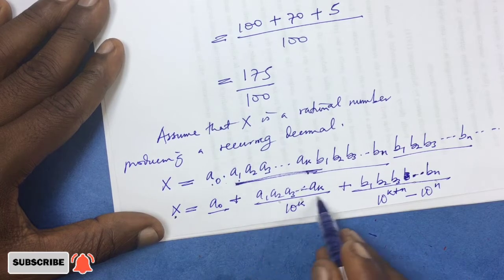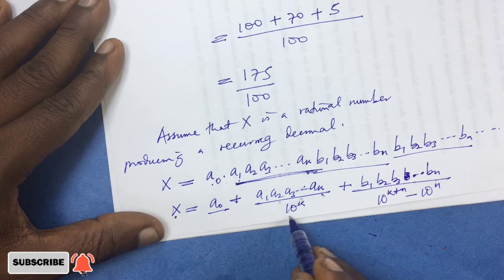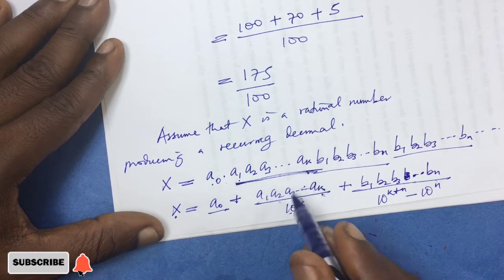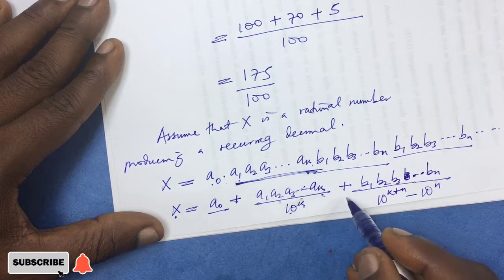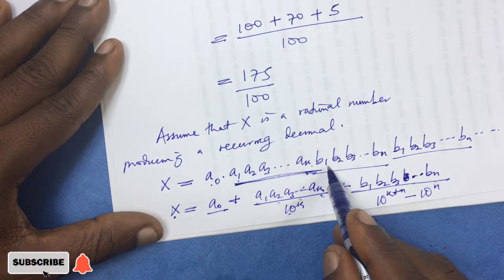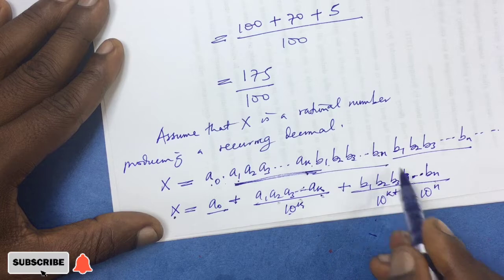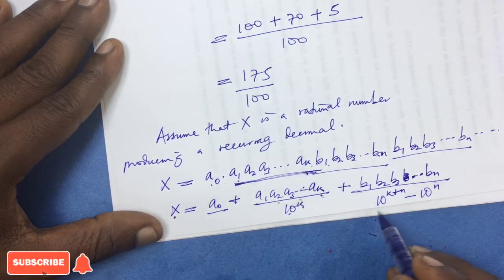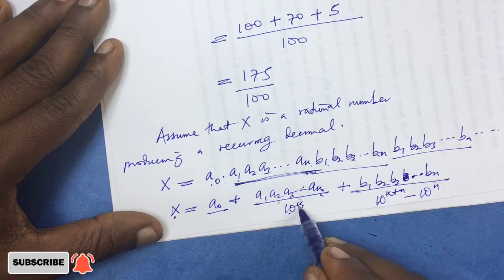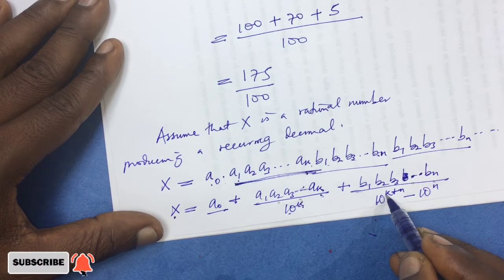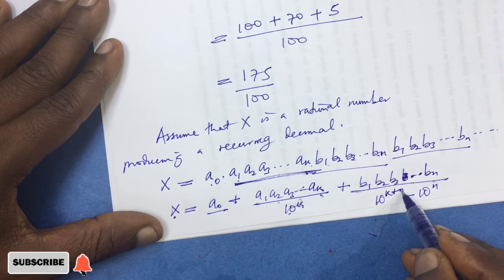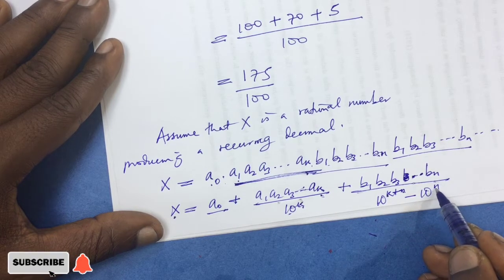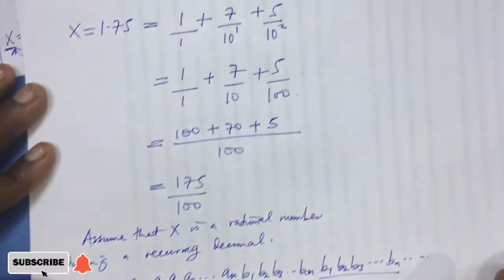So you now write that fixed block of digits all over 10 raised to power k, the number of digits you have in that fixed block. So there are k digits in that fixed block. Plus, you will now write B1, B2, B3 up to Bn, the recurring block, all over 10 raised to power k, the number of digits in the fixed block, plus n, the number of digits in the recurring block, minus 10 raised to power n, the number of digits in the recurring block. Now let us see.